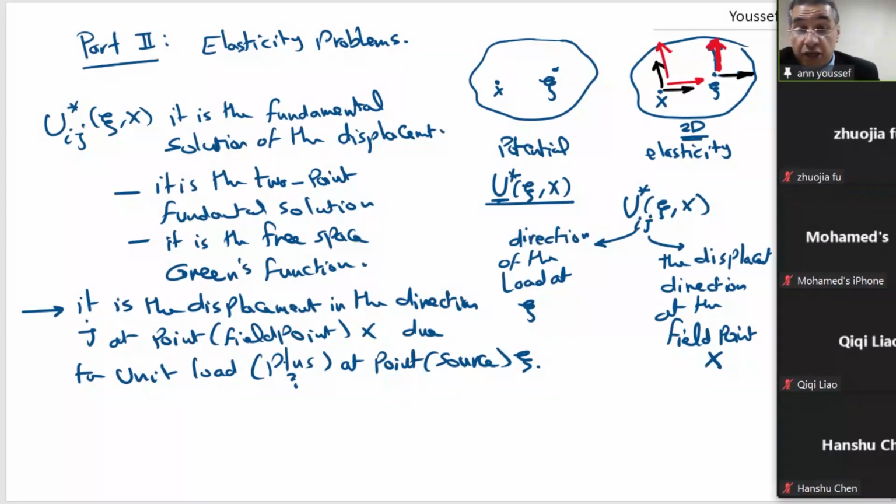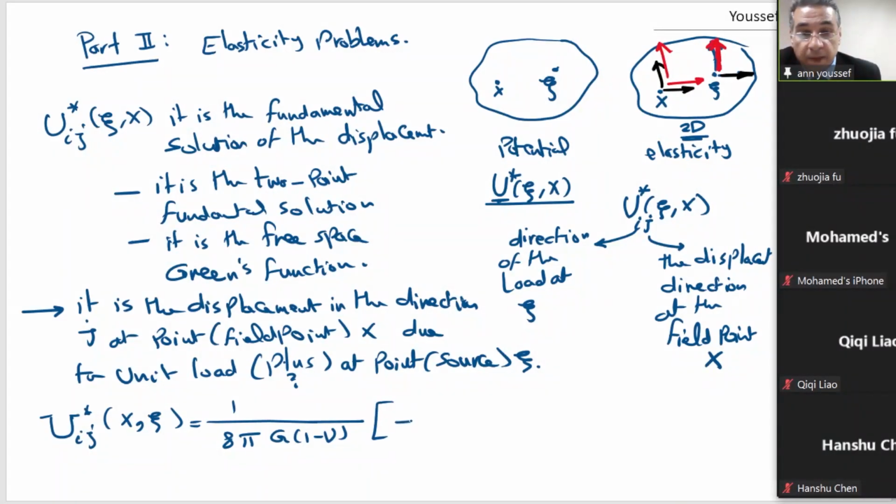In elasticity, you have to believe me now, U asterisk ij of x and xi equals 1 over 8 pi G (1 minus mu), times [(3 minus 4 mu) ln(1/r) delta alpha beta plus r comma alpha r comma beta].